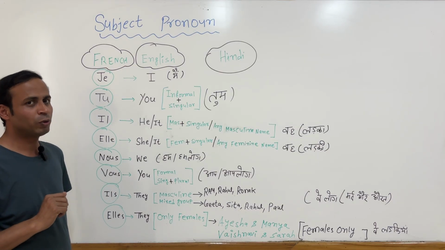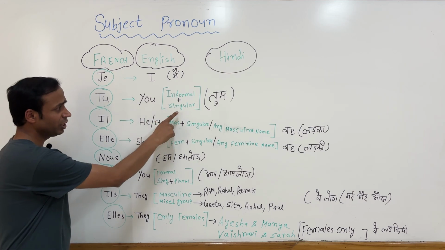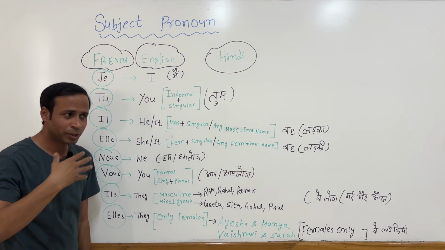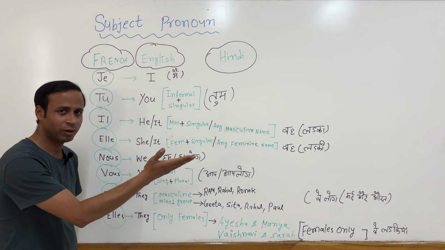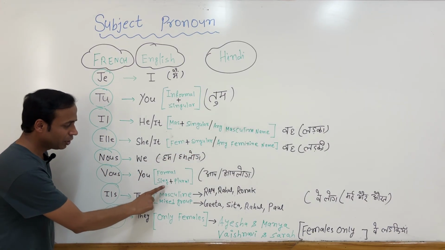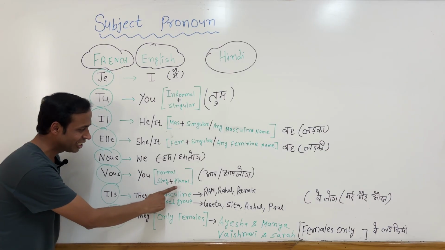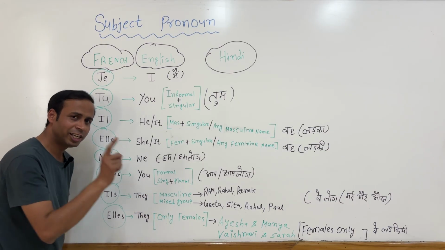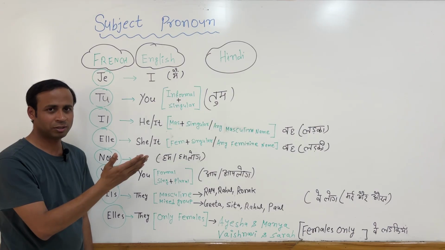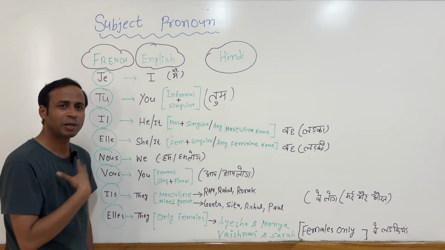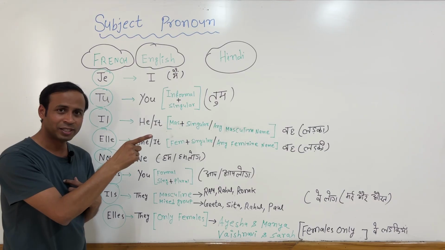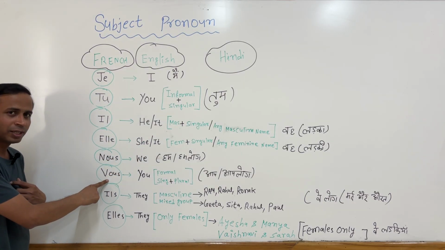One more thing you have to understand. Tu is only used for one person. Suppose I am talking to my friend Paul, so I will be using tu. And vous can be used for singular as well as for plural. Let me give you one example. Suppose I am talking to my manager, or I am talking to my professor. So I am talking to one person, so I have to use vous.